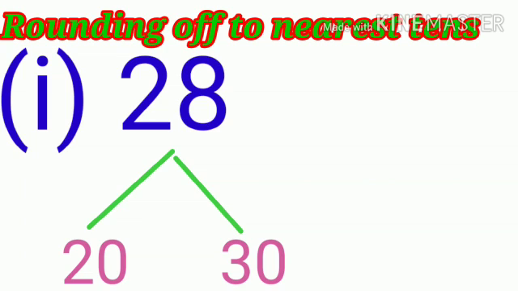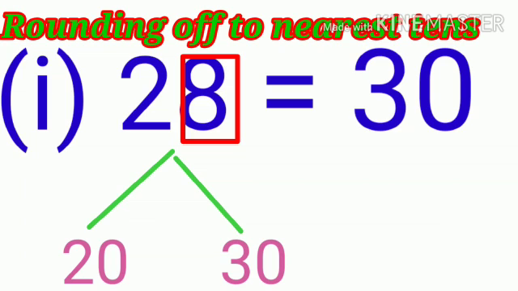Let us move to rounding off to the nearest tens. There is the number 28. So for the nearest 10 we can take 20 or 30. These are the two options. But see here, 8 is greater than 5. So we will round off to the next tens. Now we write the rounded number is 30.